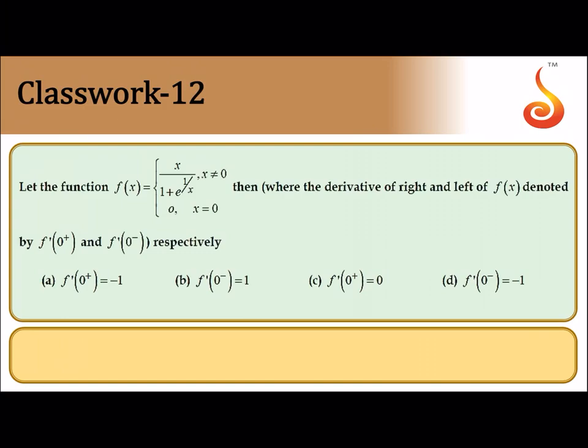Example 12. Option B. In this case, he is asking f dash 0 plus and f dash 0 minus. So again, we use the basic first principle.